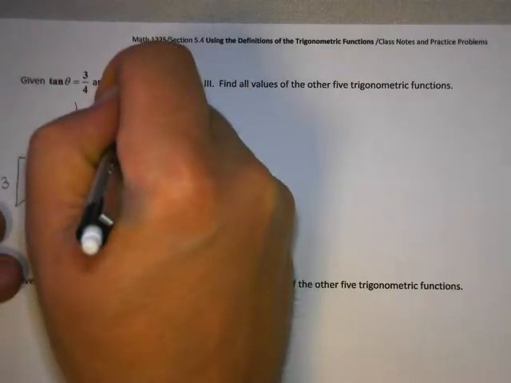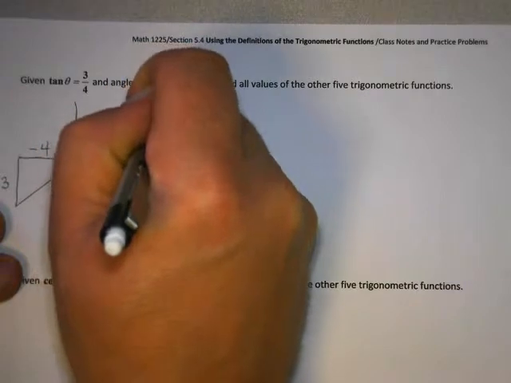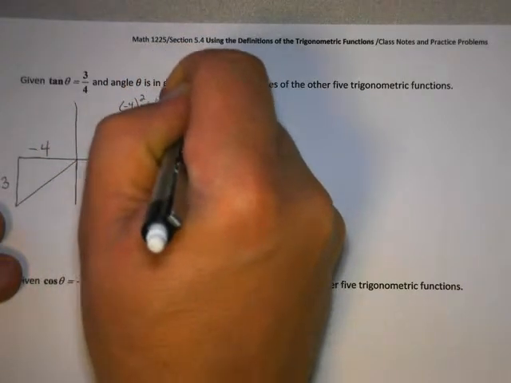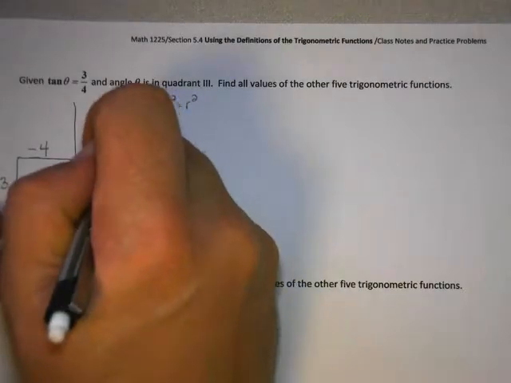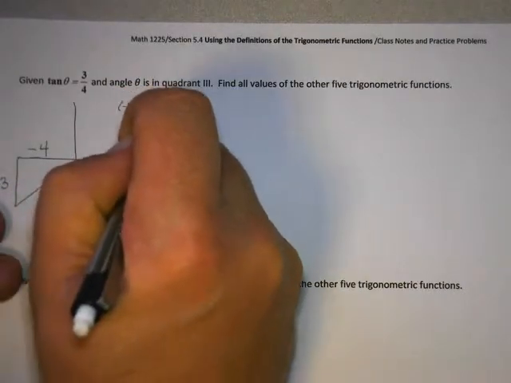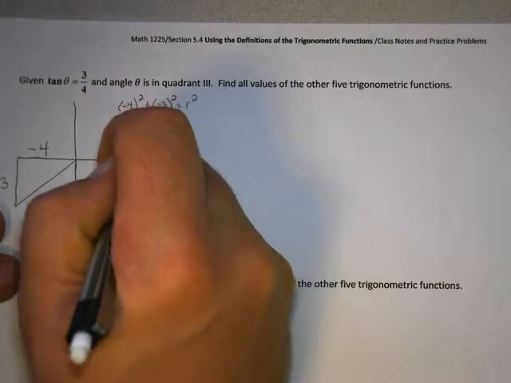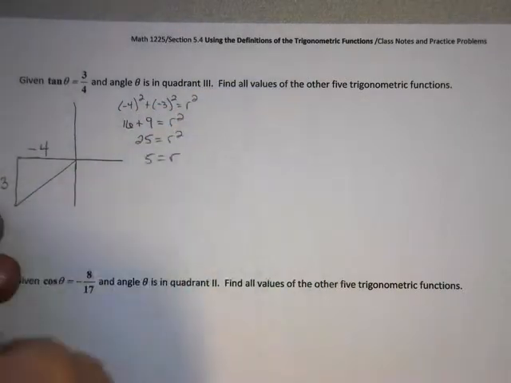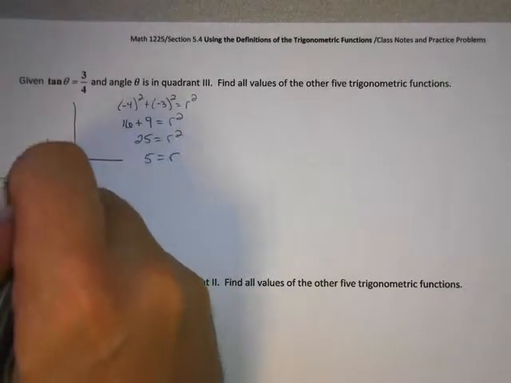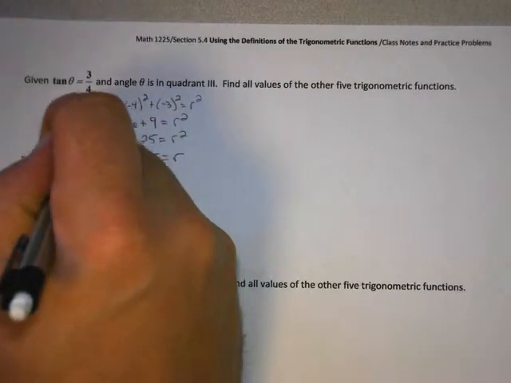So negative 4 squared plus negative 3 squared equals r squared. Notice I'm using parentheses. So this is going to be positive 16 plus positive 9 equals r squared. 25 equals r squared. 5 equals r, plus or minus, but remember it's the hypotenuse, which is positive.